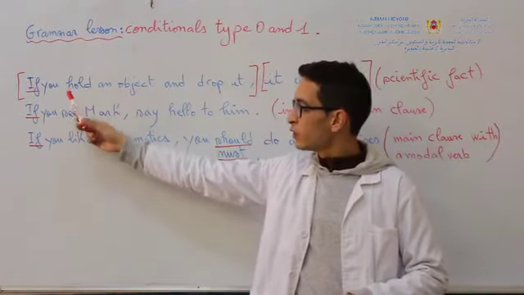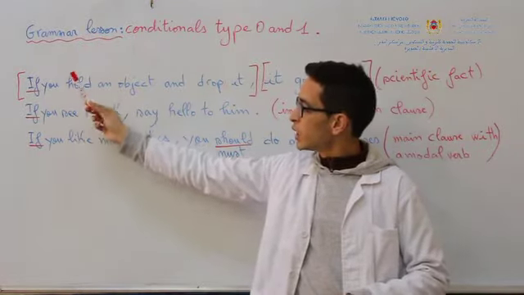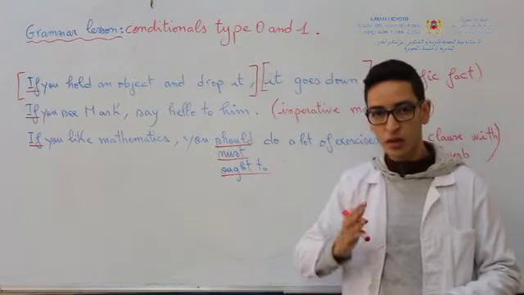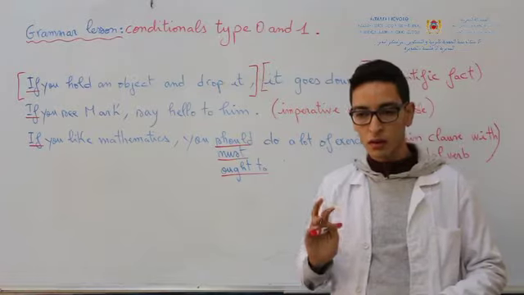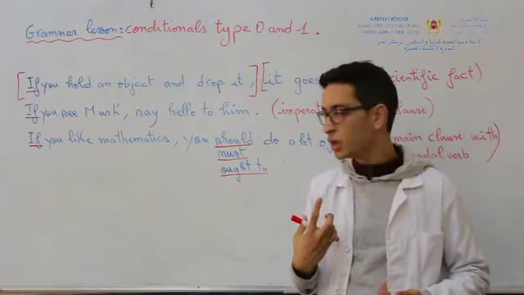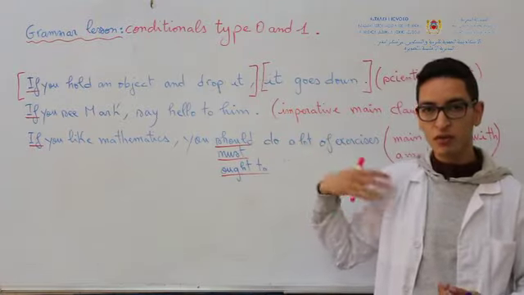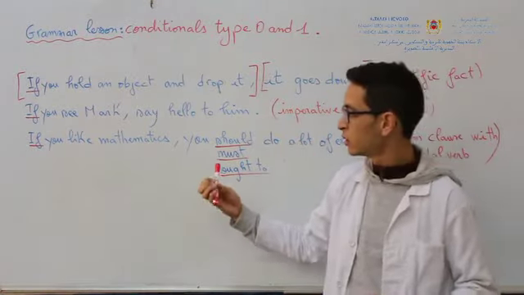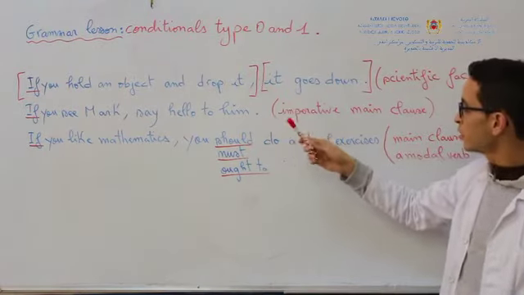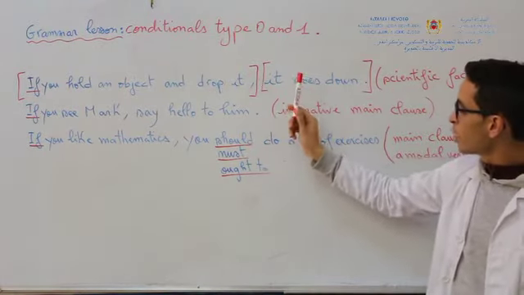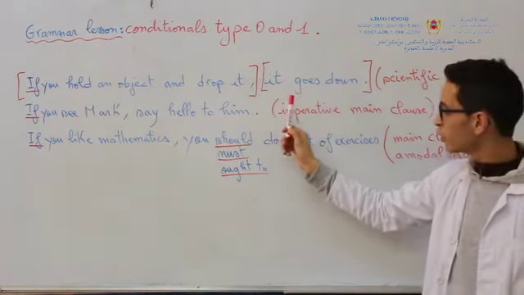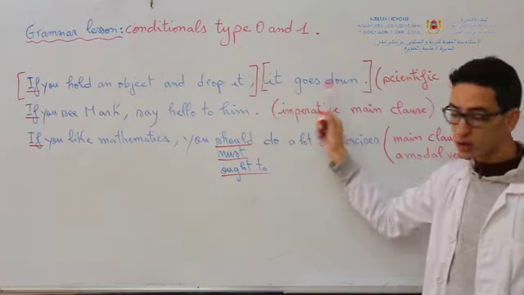If you say, for example, if you hold an object and drop it, you can't stop there and expect your listener to understand what you mean. You have to give some sort of result. Unlike if you start with this part, for example, objects go down.